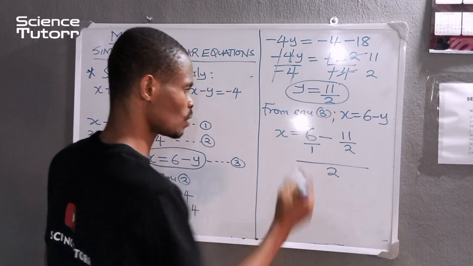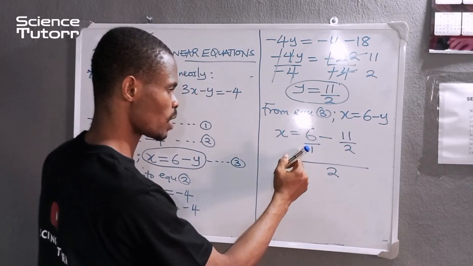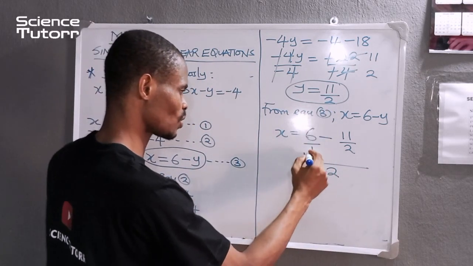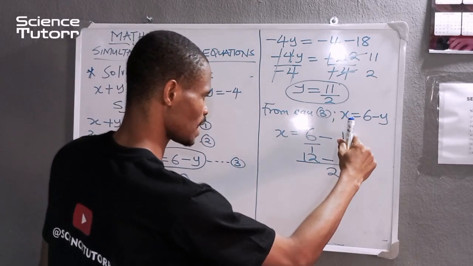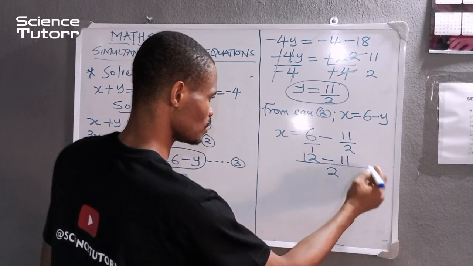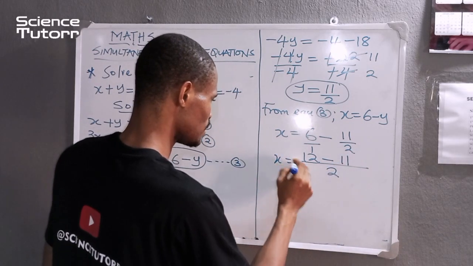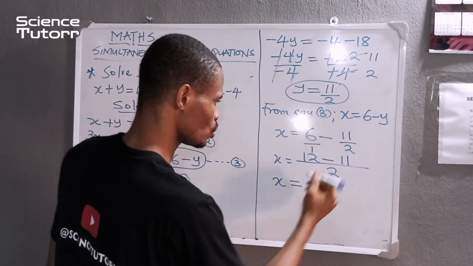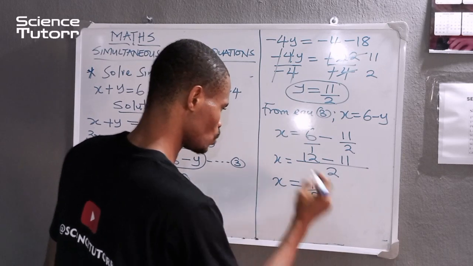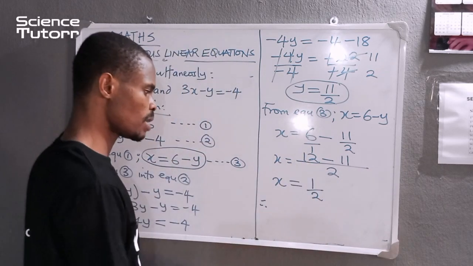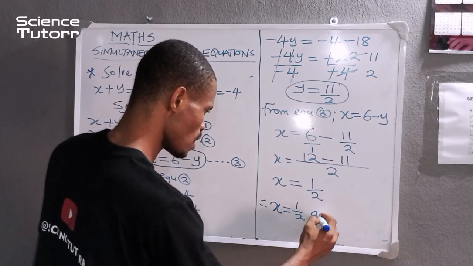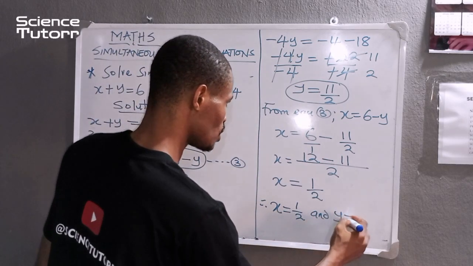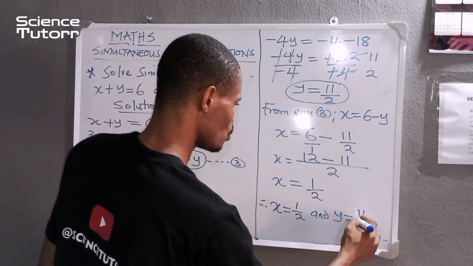LCM is 2. This is over 1. 2 divided by 1 is 2, times 6 gives us 12, minus 2 divided by 2 is 1, times 11 gives us 11. So that makes x equal to 12 minus 11, 1 over 2. Therefore, it simply means that my x is equal to 1 over 2 and y is equal to 11 over 2.